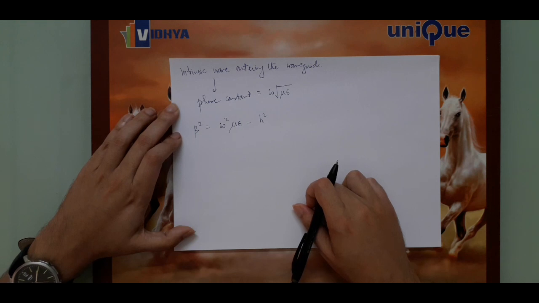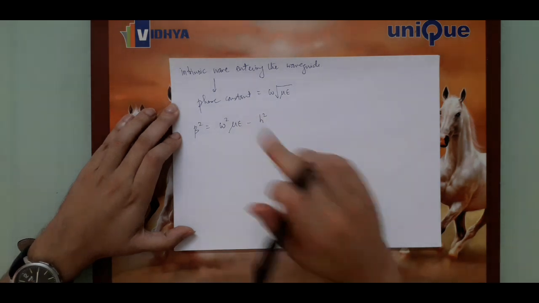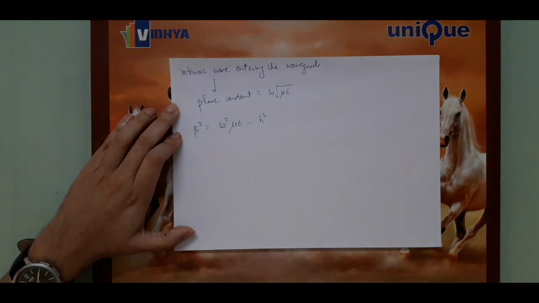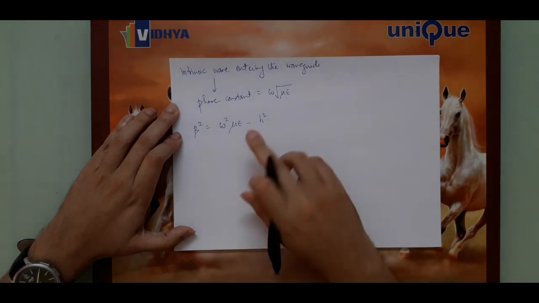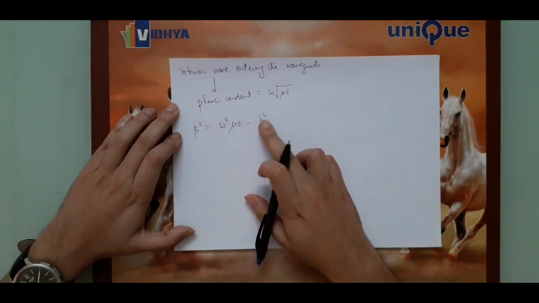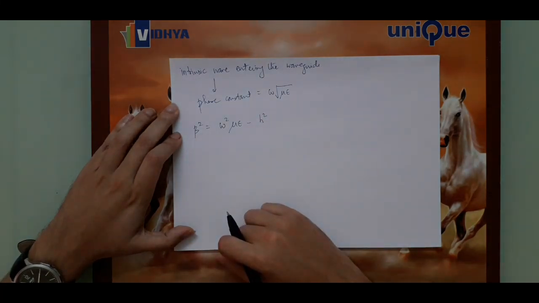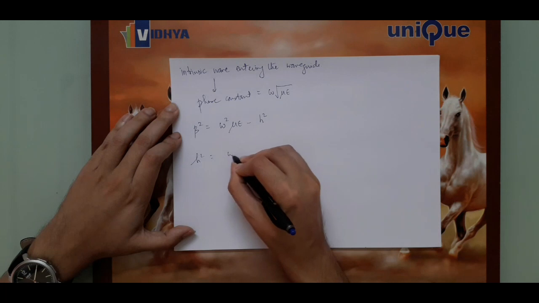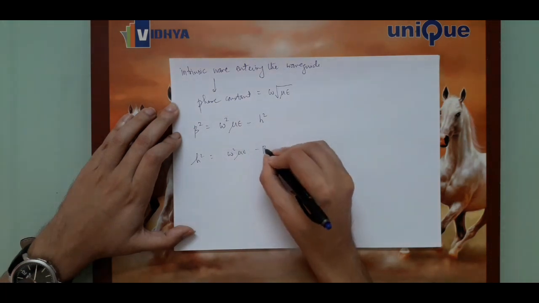Now, what can we say looking at this expression? Can I derive an expression for h? This gives me h square is omega square mu epsilon minus beta square.